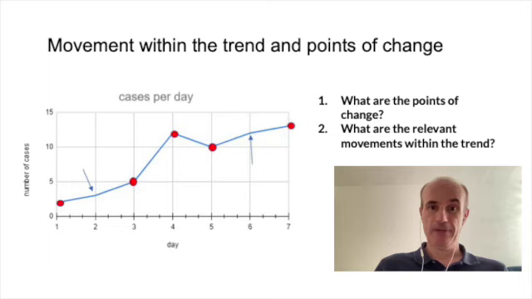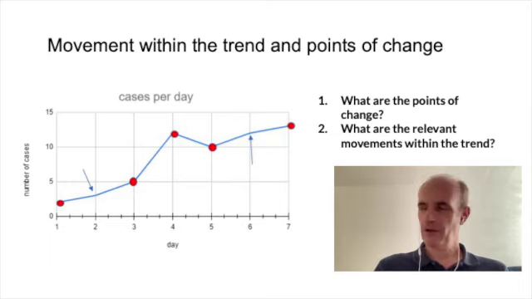So I mentioned, besides the fact that the trend is upwards, I also mentioned the points of change, the red dots, and the movement within the trend, that is the space between these red dots. Now, as you can also see, I put here two little arrows, right, and they point to points of change that are almost undetectable.